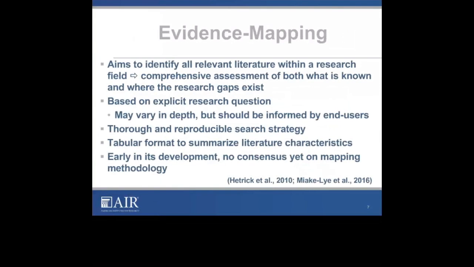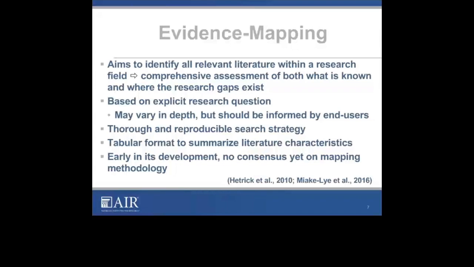A step upwards from the narrative review is a relatively new concept called an evidence map. In an evidence map, the goal is to identify all relevant literature within a research field. The researchers try to come up with a comprehensive assessment of what is known, and they want to identify where the research gaps exist.